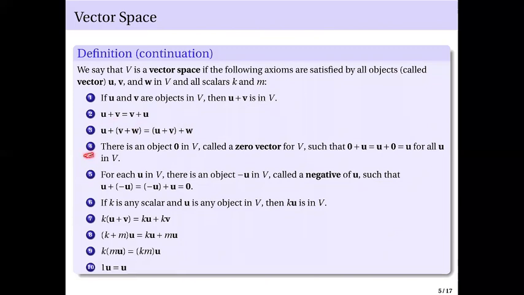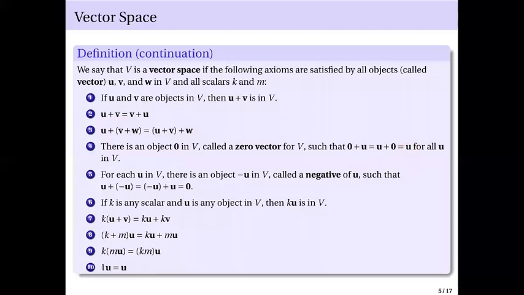Fourth axiom, there must be an object in V. We call it the zero. So zero in V, such that if you add any object to zero, it must give you the object that is added to zero.